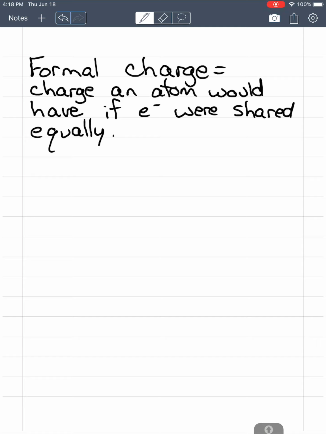In other words, for formal charge, we kind of ignore the fact that some of it's partially positive and some of it's partially negative. We just say these electrons are associated with this atom in this Lewis structure, so we're going to assign them to that atom. So to do that, here's the formula for that, and you need to know this.